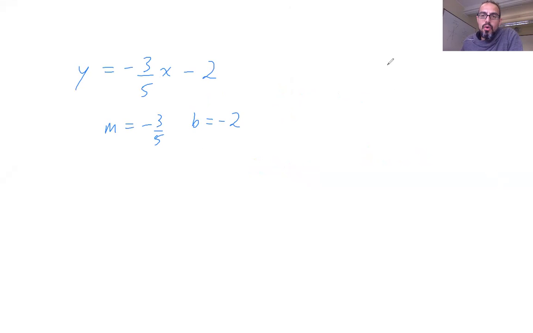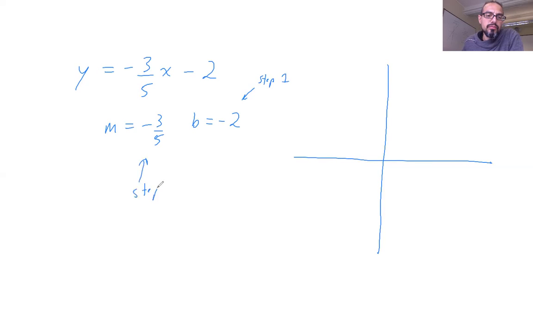All right, so the y-intercept is almost like your step 1, and the slope is your step 2. Step 1 is you go to the y-axis, and you go to -2. And you put a point because you know that the y-intercept is at that point right there.